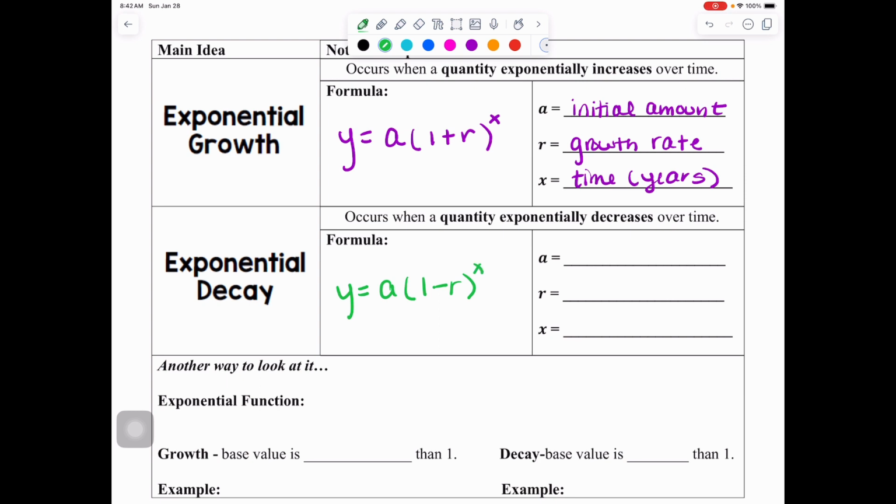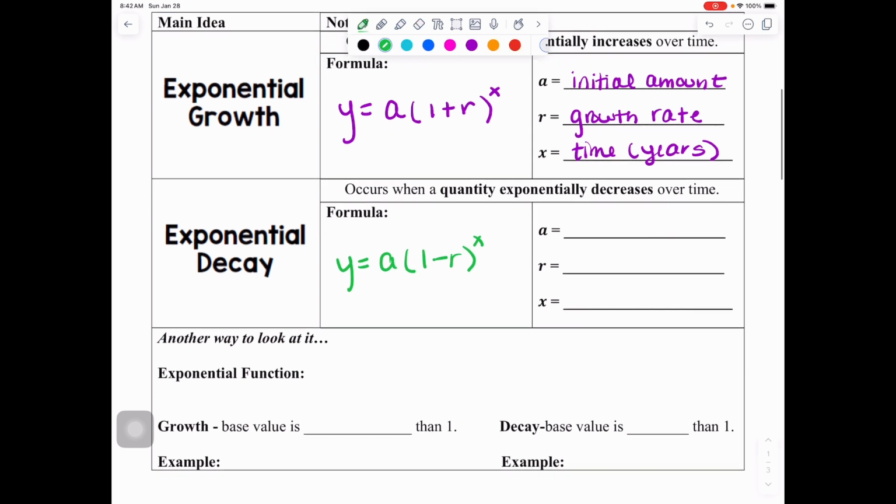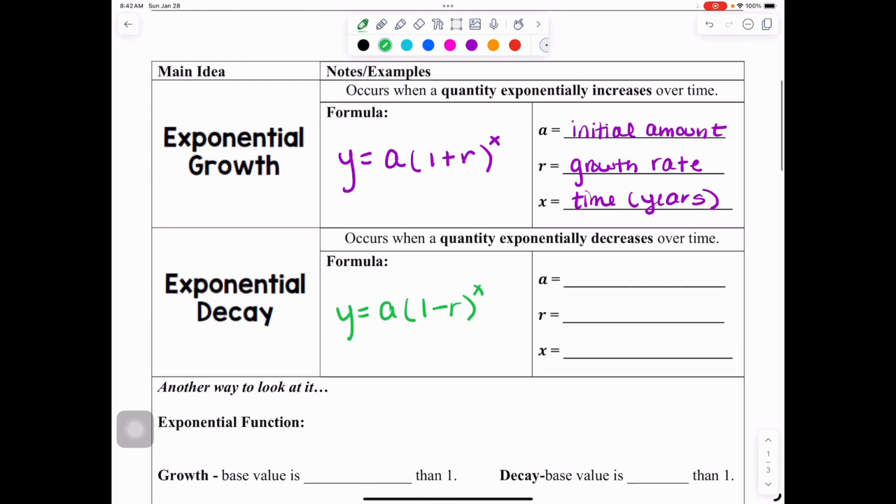And then a little x as your exponent. So the a value is still your initial amount. R this time is going to be a decay rate. And x is going to be your time in years.